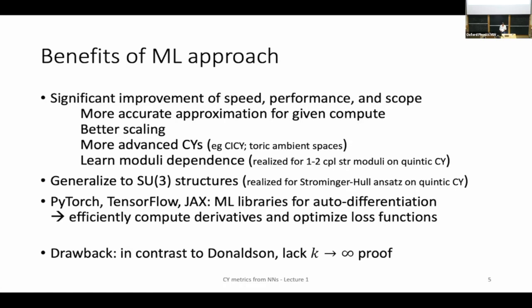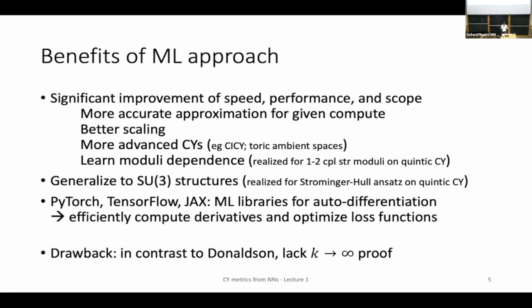Because we don't have that scaling problem, we can also attack more advanced, more complicated Calabi-Yaus, which may be of more interest for the applications you care about. We will talk a bit more about that tomorrow, and we can also try to learn moduli dependence. We've heard a bit about that already from James, also the generalizations that we can hope to do.